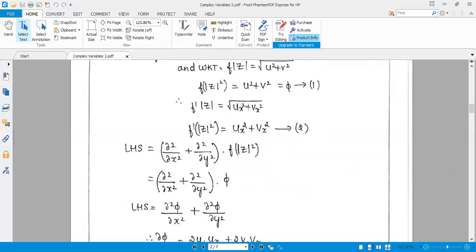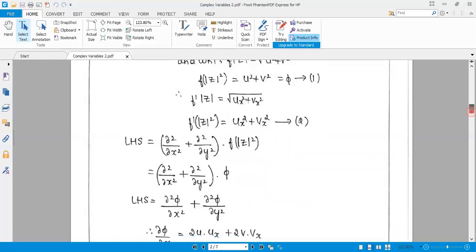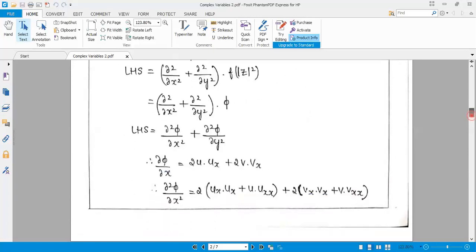So this is the left hand side. Now let us find this, where phi is u² plus v². Now differentiate phi with respect to x. So we get φx equals 2u ux plus 2v vx.